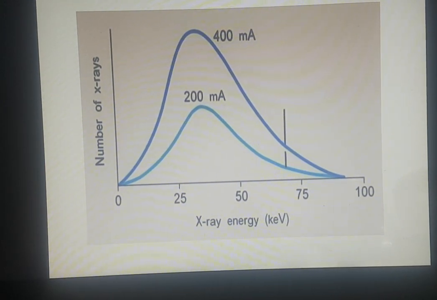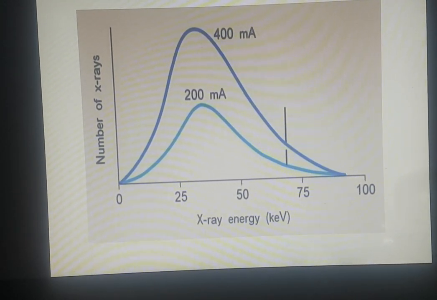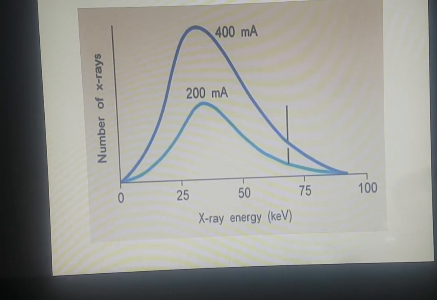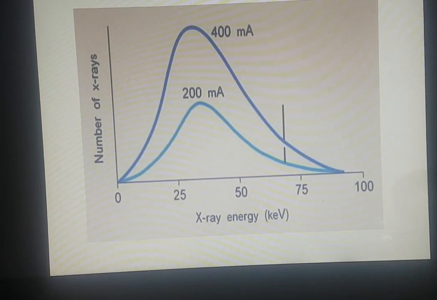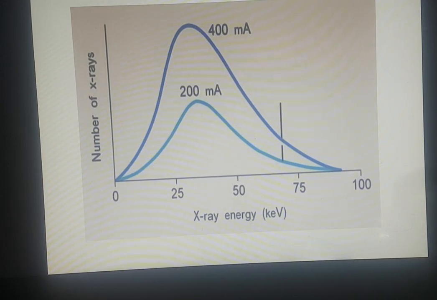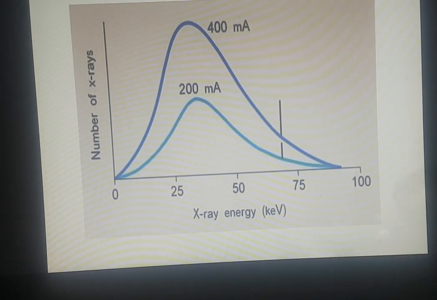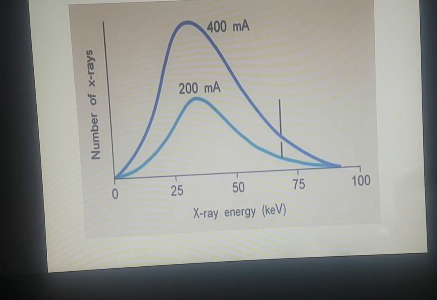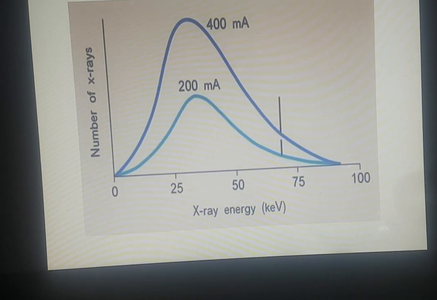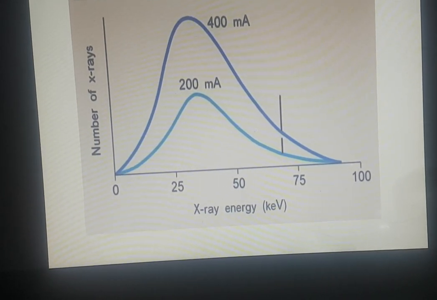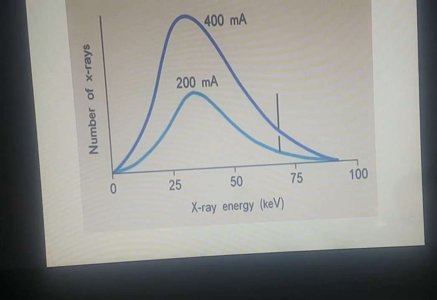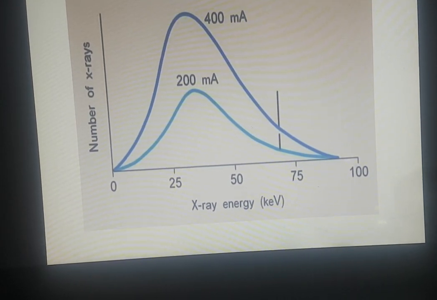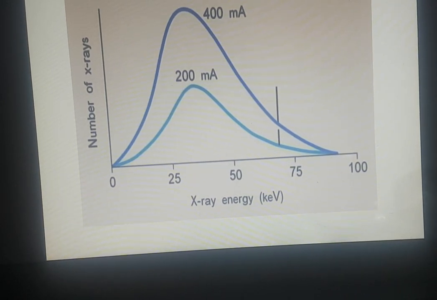So we have already discussed that if the quantity or intensity changes, the area under the curve will also change. We can clearly compare these two curves, one showing the X-ray tube at 200 milliamperes and the other at 400 milliamperes, and there is an increased amplitude of the spectrum at 400 mA.